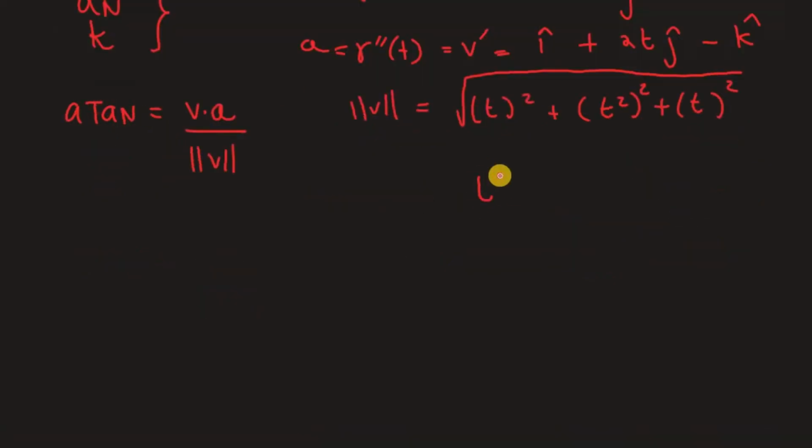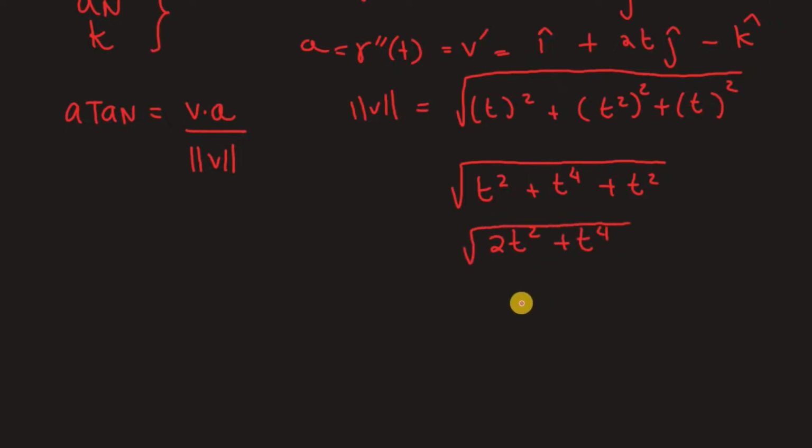So then this is gonna give you t squared plus t to the power of 4 plus t squared, square root the whole thing. Okay, and now you can see you have 2t squared, so you have 2t squared plus t to the power of 4 under the square root, and you guys can see you can factor out a t squared in here. Okay, so let's go ahead and factor out t squared.